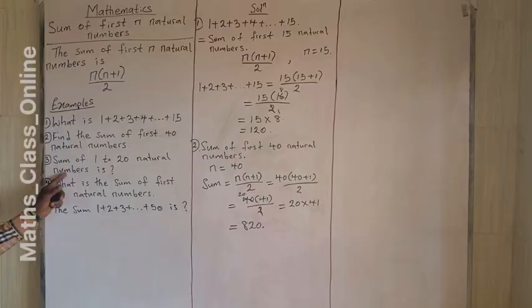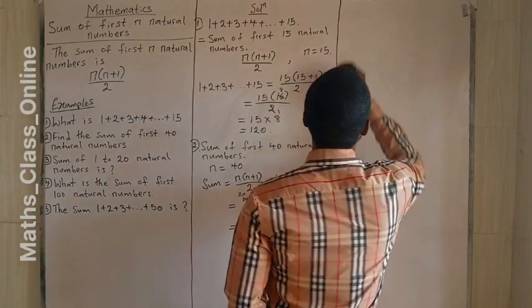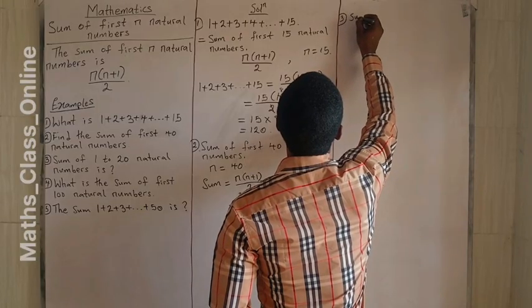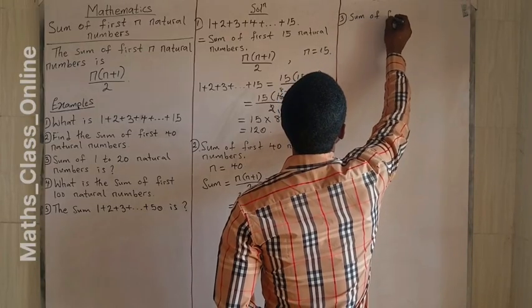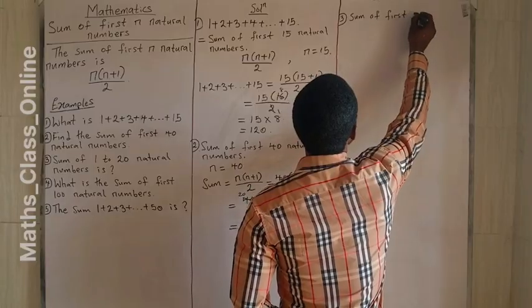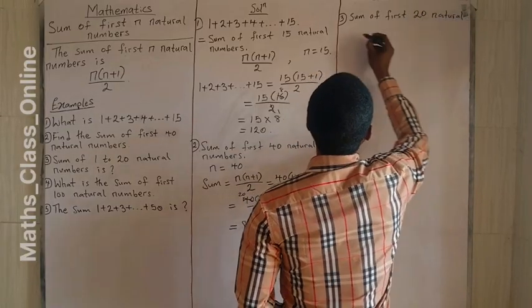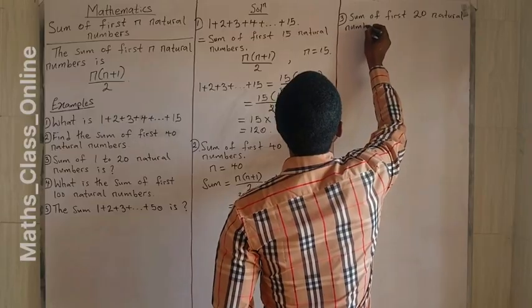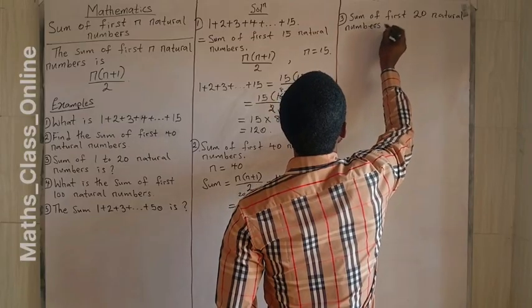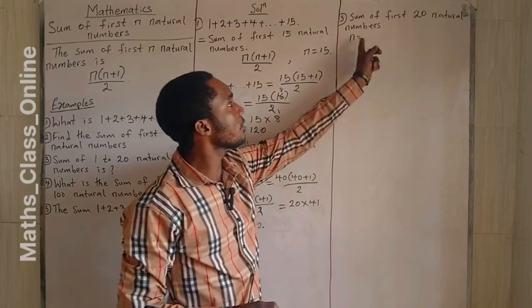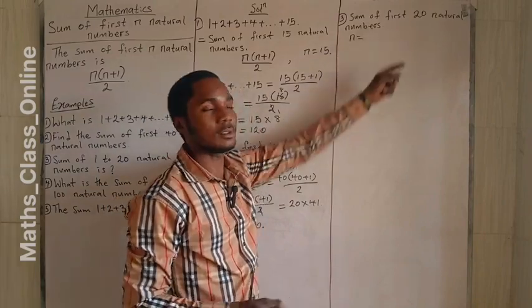Example 3. Sum of first 20 natural numbers. The value of n here is what? The value of n here is 20.